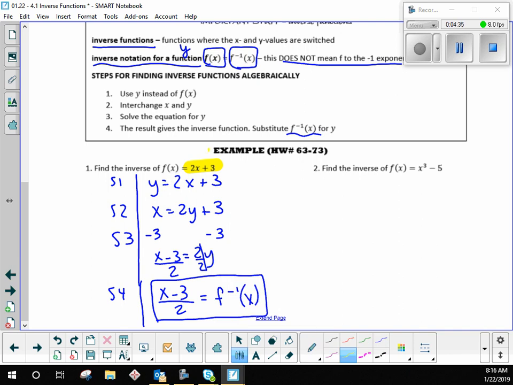Instead of plus 3, we now have minus 3. Instead of times 2, we now have divided by 2. Again, that's not a 100% rule that will work every time, but at least you can sort of check your answer and see if you're off anywhere. Like if you had a plus in your answer, you might want to check yourself that you did your math correctly. So pause the video right now and you try number 2.